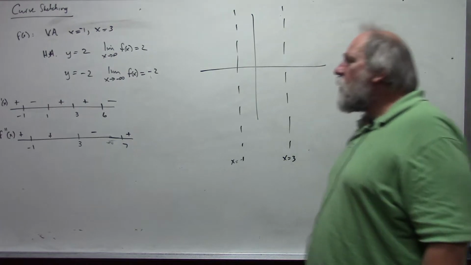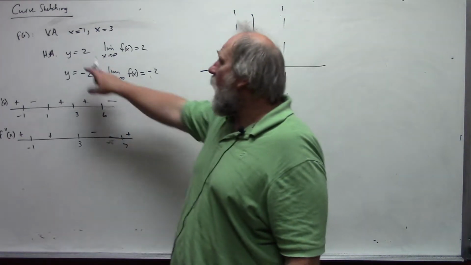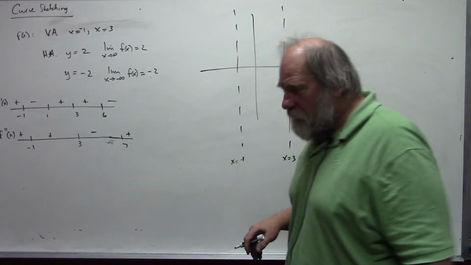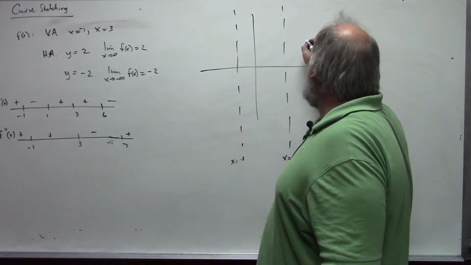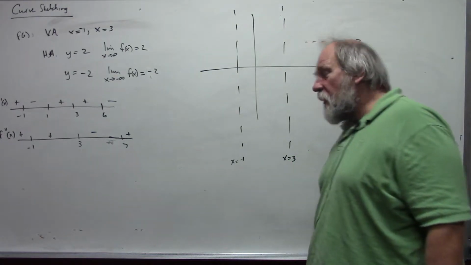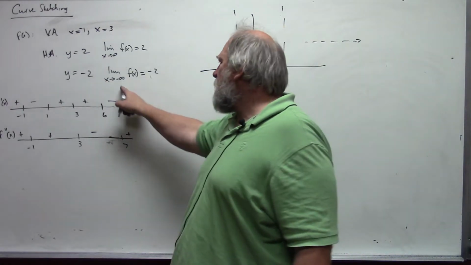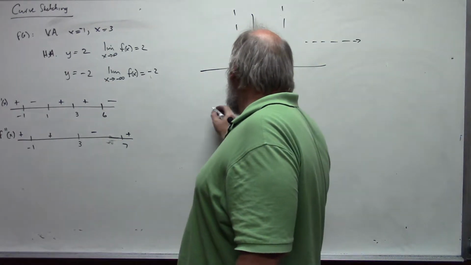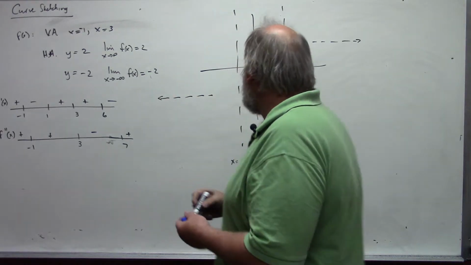I have a horizontal asymptote at y equals 2, and because this does not occur from both sides, I'm going to tell you which side it is. The limit as x approaches positive infinity is 2, so that is my horizontal asymptote on that side, whereas the limit as x approaches negative infinity is -2, and so that's my horizontal asymptote on this side.